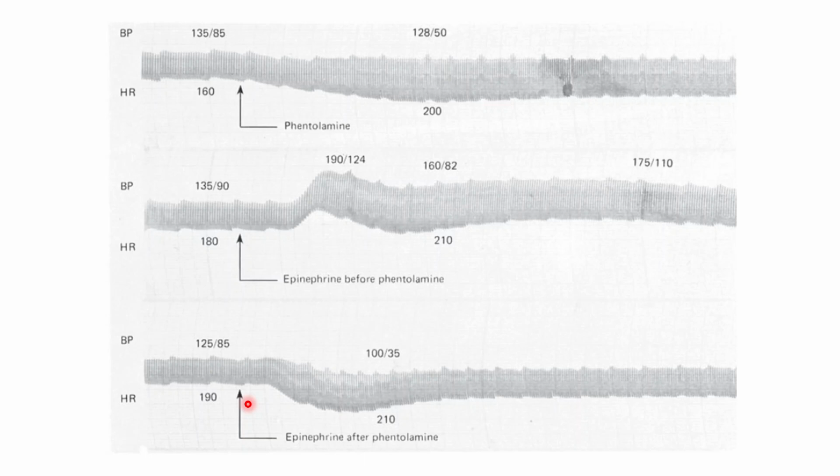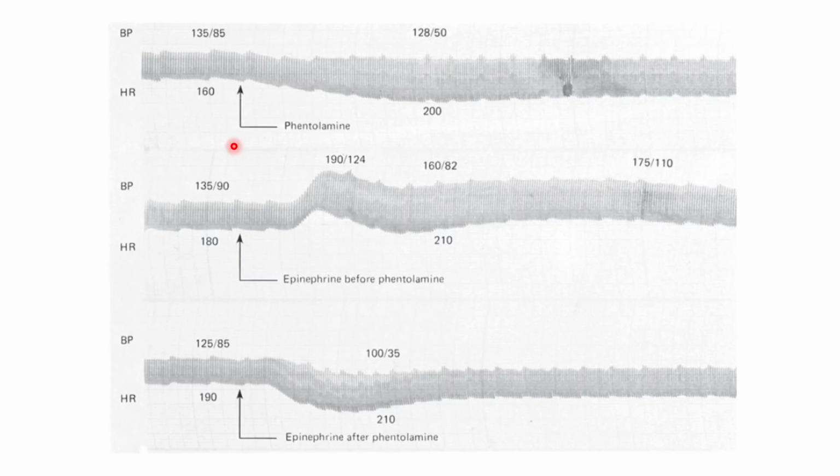This change in response is called epinephrine reversal. It illustrates how the activation of both alpha and beta receptors in the vasculature may lead to opposite responses.